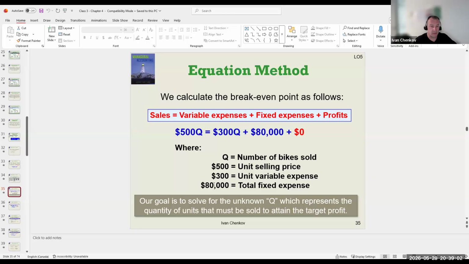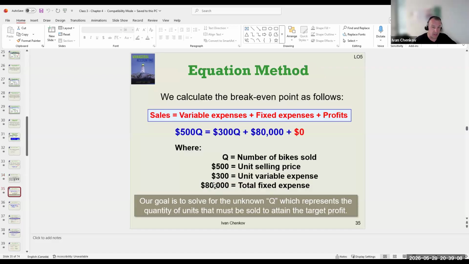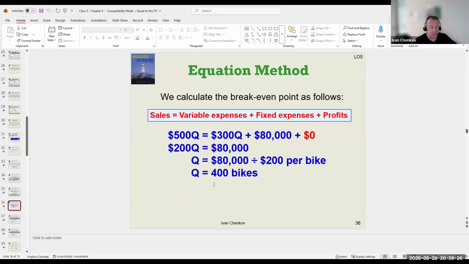We're generating sales of $500 per bike times the quantity that I'm selling, which is equal to the 300 variable cost times the number of bikes that I'm selling, plus the 80,000, and I want the profit to be 0. Once I solve for Q, the number of units, I'm going to get 400 bikes.